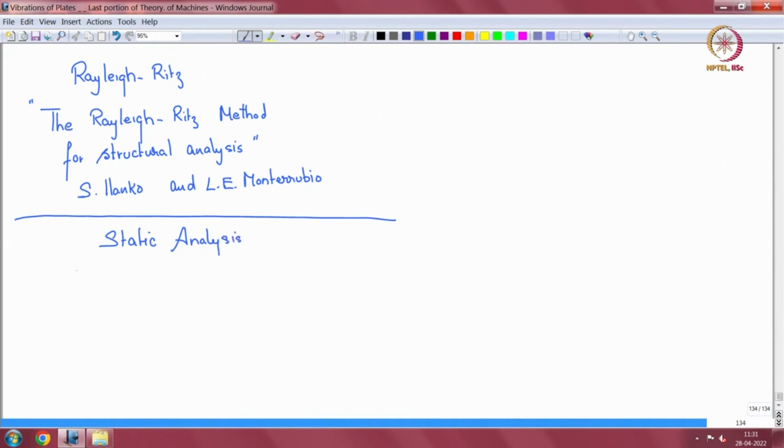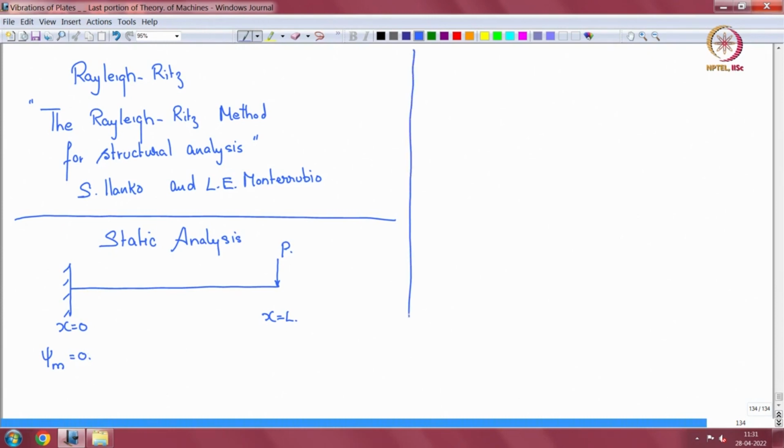For example, if I have again a cantilever beam and I take downward positive, and there is this force that is external, acting at x equal to 0, x equal to L. Then for static analysis I set my kinetic energy term to 0. The psi m is set to 0.